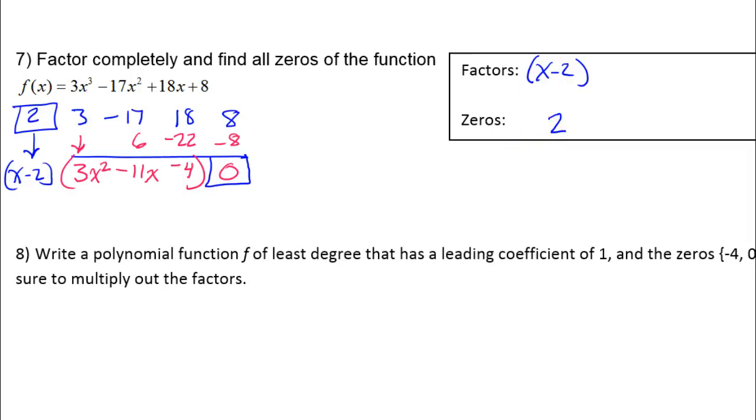Now this pink part, I'm going to try to factor that some more. 3x squared can only factor as 3x times x. Now 4 is either going to be 2 times 2 or 1 times 4. I really don't know which one it's going to be yet. So let me try 2 times 2.